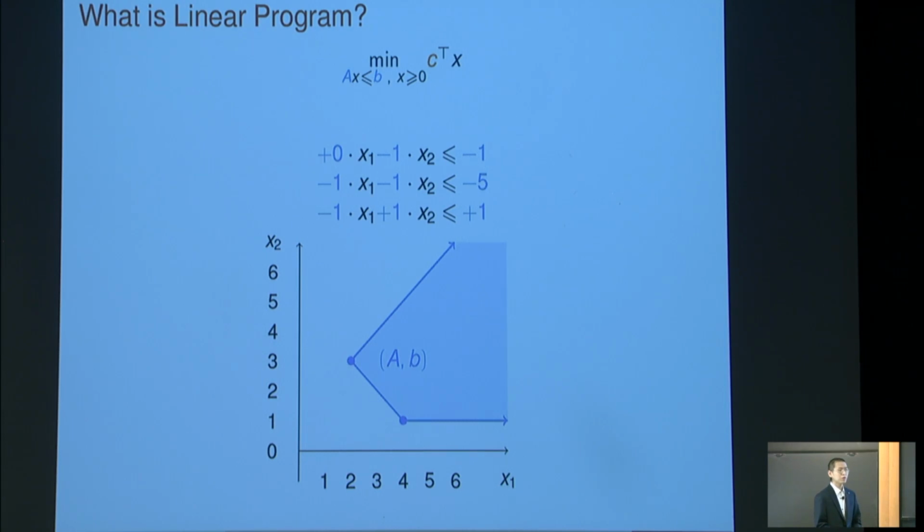Now I choose my c vector to be +3 and +2, and this decides the angle in this 2-dimensional plane. To solve the LP, we keep pushing this orange line until it touches the boundary of the blue region, and then we have solved the linear program.